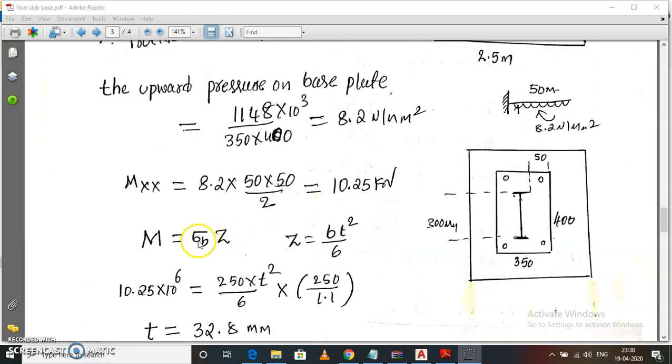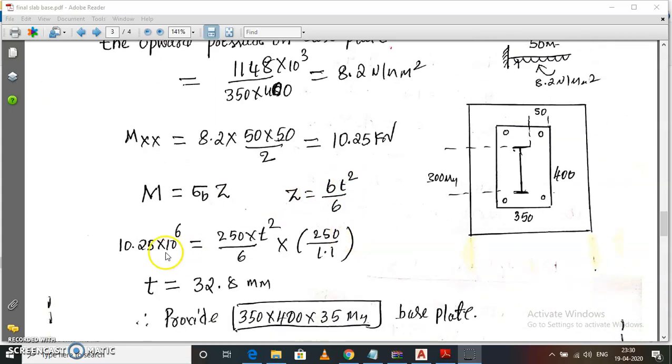Now, by using the bending equation, M is equal to sigma B into Z, where Z is the section modulus and is given by B T square by 6. T is the thickness of the plate required. So the maximum bending moment is 10.2 into 10 power 6 equal to, Z value is B T square by 6.